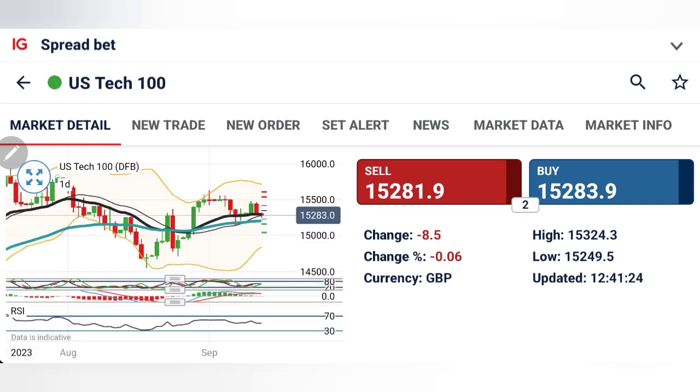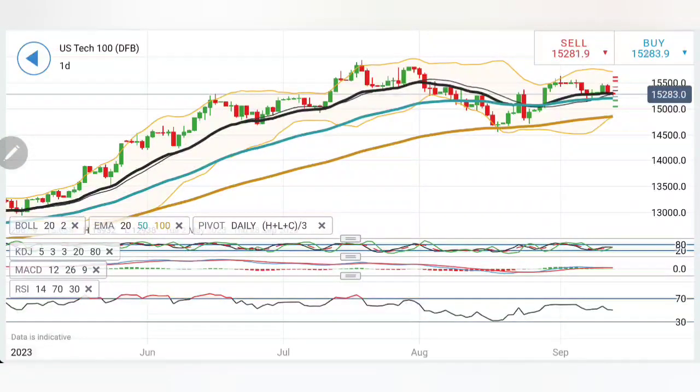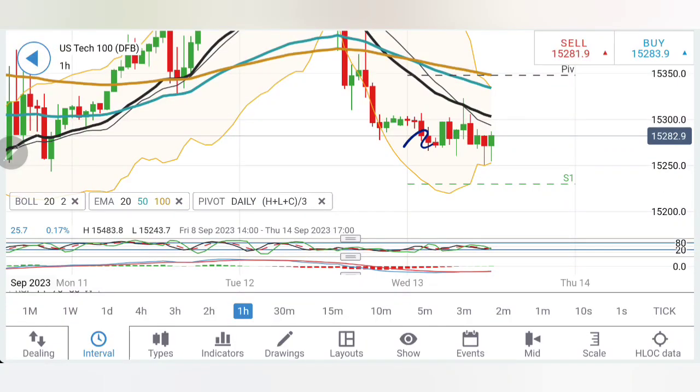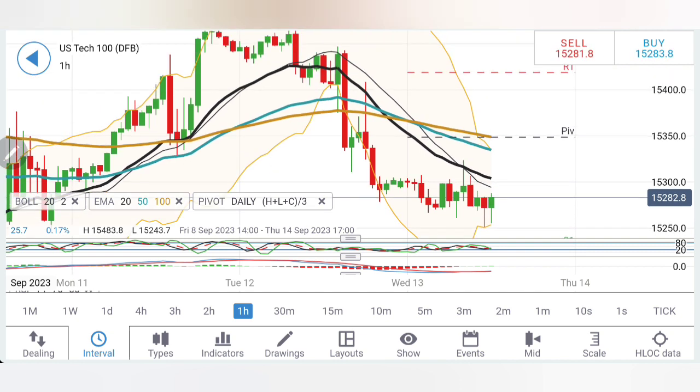Let's start. First we look into Tech 100 followed with US30. Do watch till the end. Look at the hourly charts for Tech 100 here. Lower lows are done. 15,250, 260 definitely is a good support, and 15,300 is a great resistance. Now beyond 15,300, we all know 15,320, 350, 60 zone, and then 15,400 are three major milestones which it needs to break past.